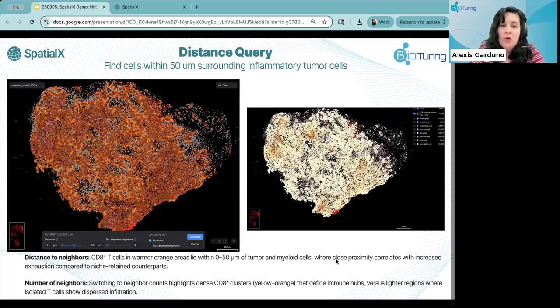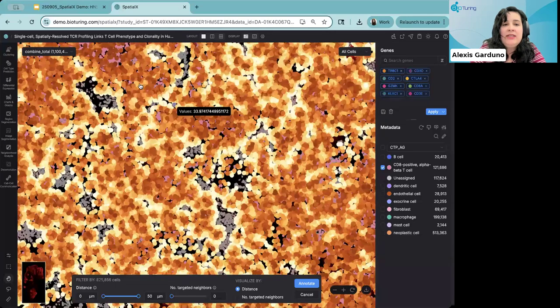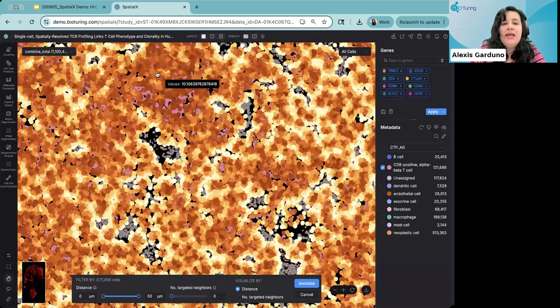It's showing you this close proximity correlates and how this is increased based on either exhaustion or other related counterparts within the tissue. If we zoom in, you're able to directly see the actual CD8 T cells and these other neighboring cells that have this specific distance that I want to calculate.